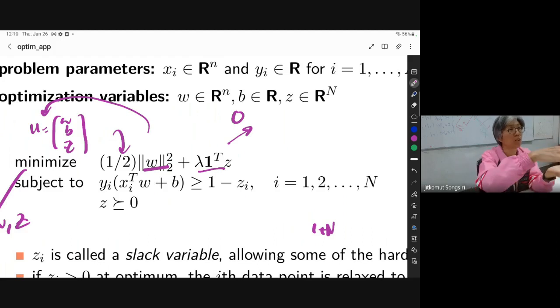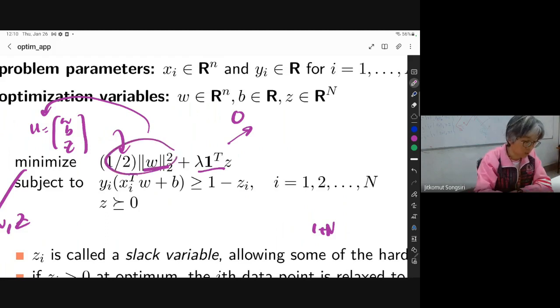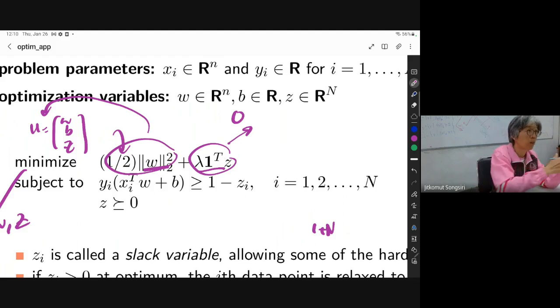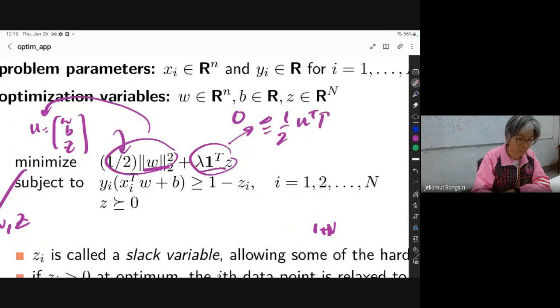U consists of 3 variables, right? The first term is quadratic in U. The second one is linear in Z, which is part of the variable. So conceptually, overall, this is quadratic in U. Can you write it as this? It is quadratic, right?